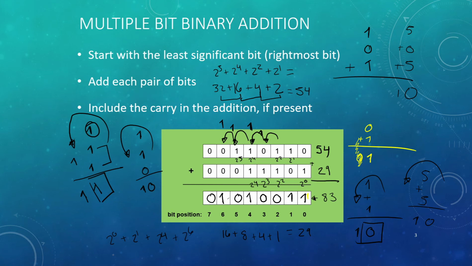What we're looking at is 1 plus 1 plus 2 plus 16 plus 64, 80, 83. So this value is 83. There you are. And these values match up perfectly.